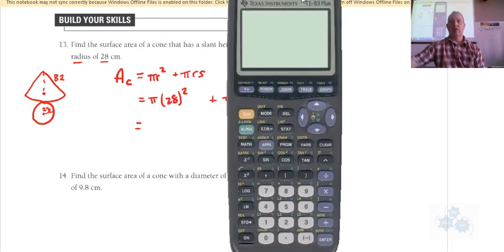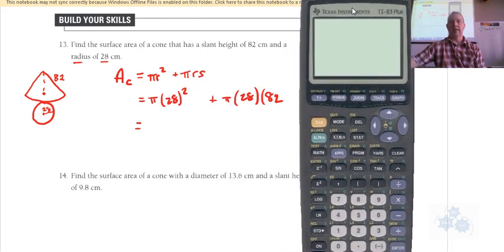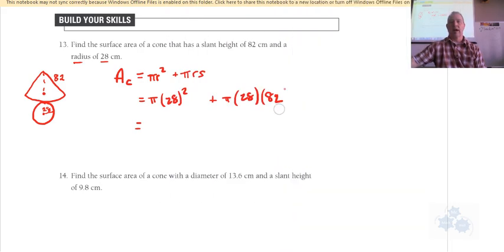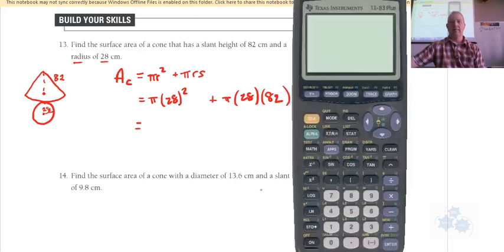So all we need to do is get on our calculator, and use your pi button. Everybody should have a pi button. Then times 28 squared.